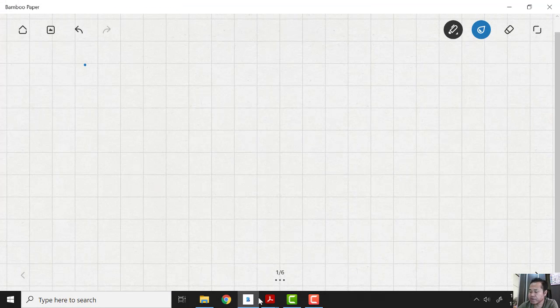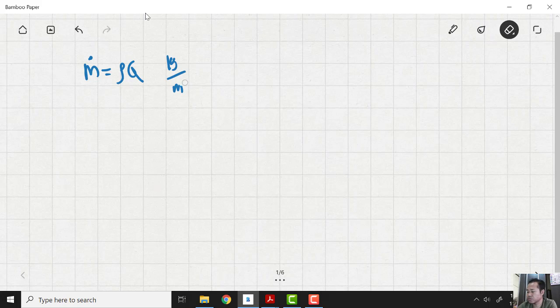Okay, mass flow rate you can write it as m dot, equal to rho times Q. The unit will be kilogram over second, because it's a rate. But is it true?